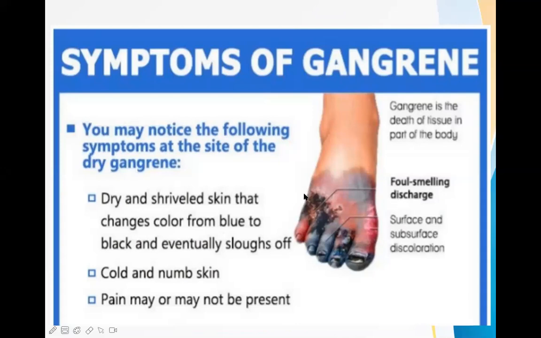Now we may notice this type of complaint here: dry and shriveled skin that changes color from blue to black and eventually sloughs off. In the beginning the skin is healthy, then slowly there is a color change in that skin. Always in the beginning there is blue discoloration when there is decreased blood flow, and when it is completely cut off, the color will become black.